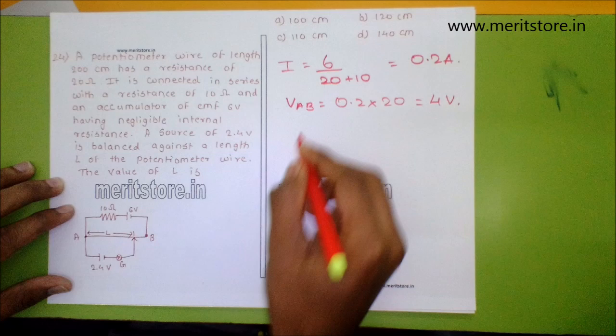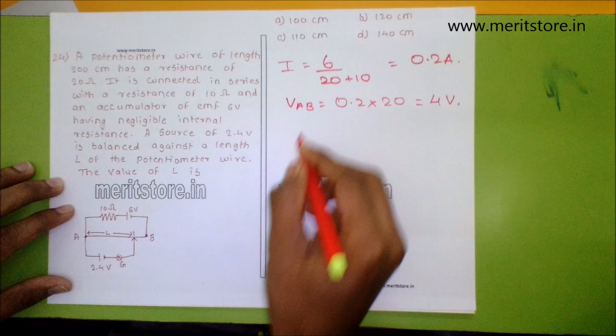Before finding that, first of all, let us find out the current that is flowing through the circuit. So current flowing through the wire AB is equal to 6 upon 20, which is the resistance of the wire AB, plus 10, which is the resistance in series, which is equal to 0.2 amperes. 0.2 amperes flows through the wire AB.